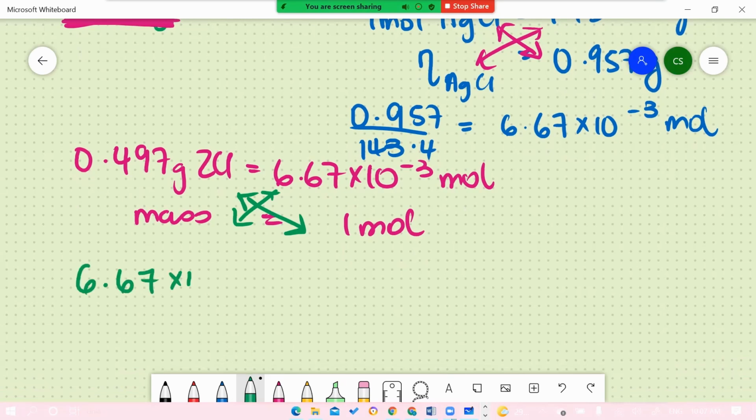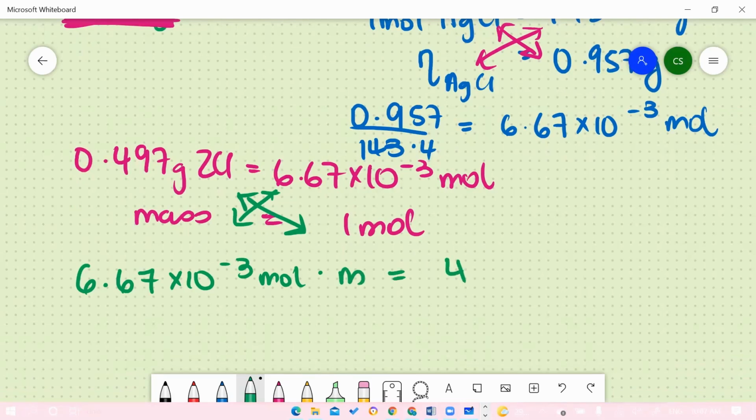When you cross multiply, we get the mass over 6.67, so that means we're supposed to divide.